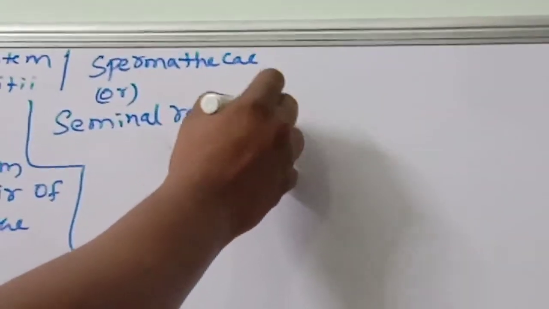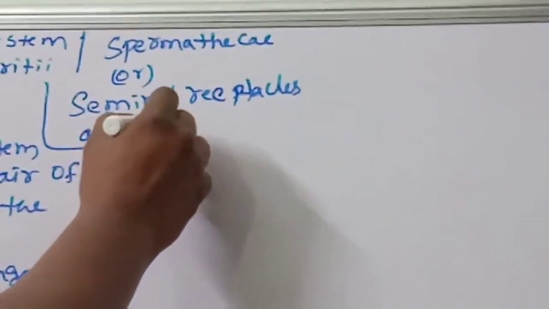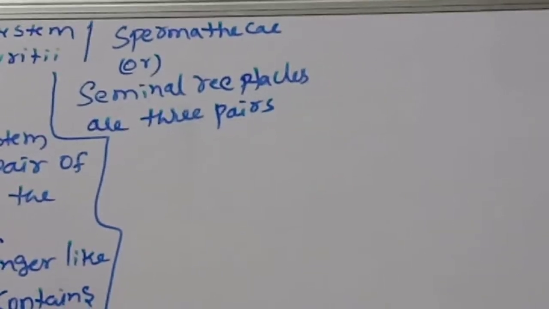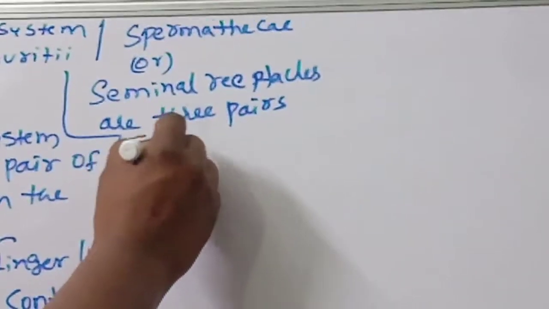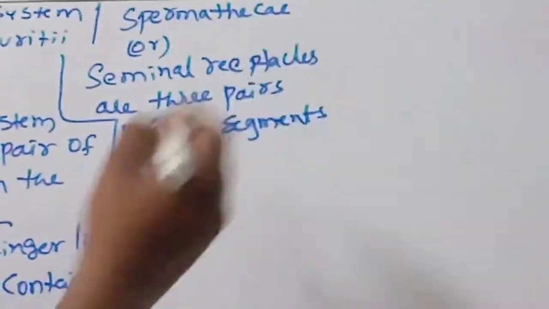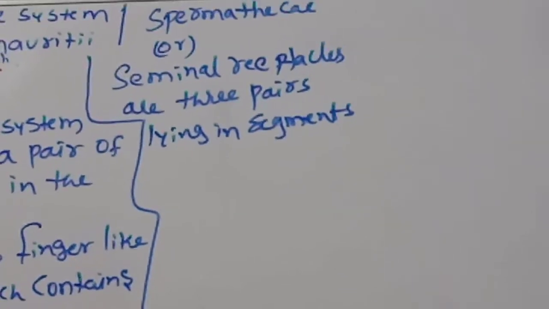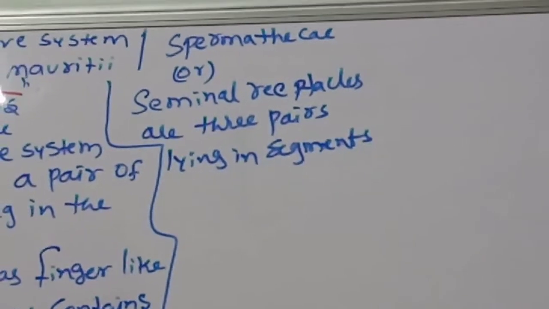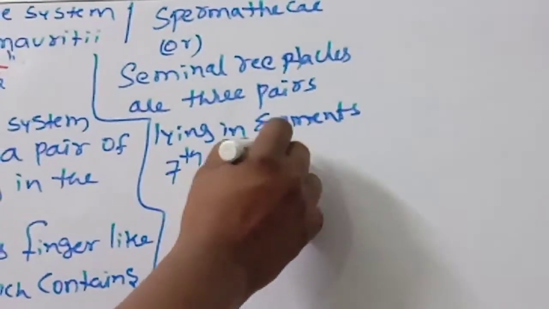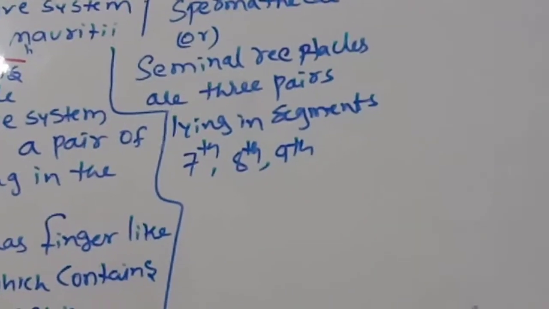Seminal receptacles are three pairs lying in the 7th, 8th and 9th segments.